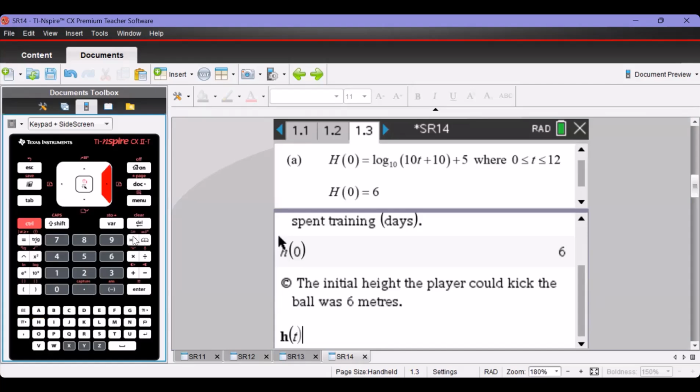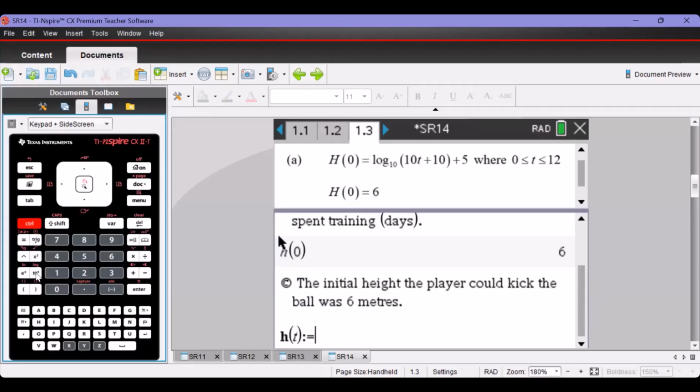It's accessed by pressing Control and then the symbols template. Then we need to add in log to the base 10. If you press Control 10 to the power of x, you can see above the 10 to the power of x button, there's a red log.